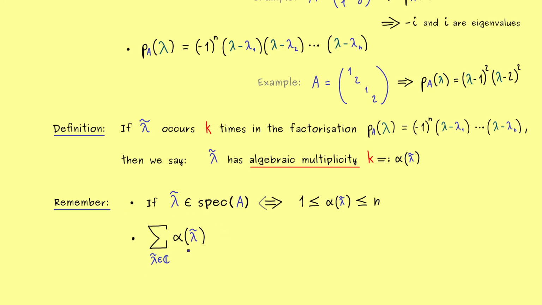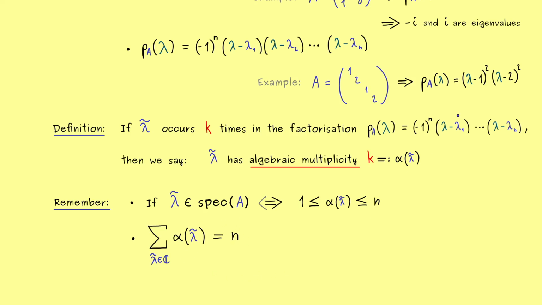This is because we only have at most n different zeros of our polynomial, which means most algebraic multiplicities are 0. And for the actual complex numbers that are zeros of the polynomial, we can just sum up the algebraic multiplicities. And because we already know we have n linear factors, the result here should be exactly n.